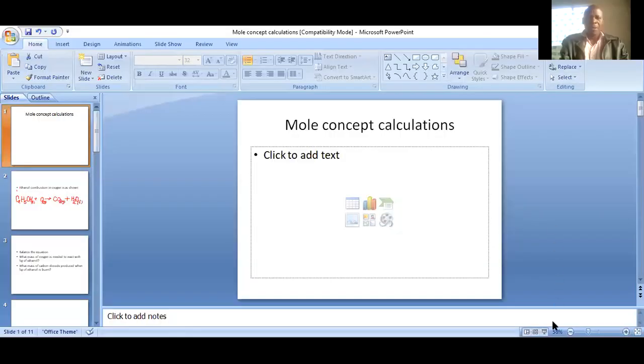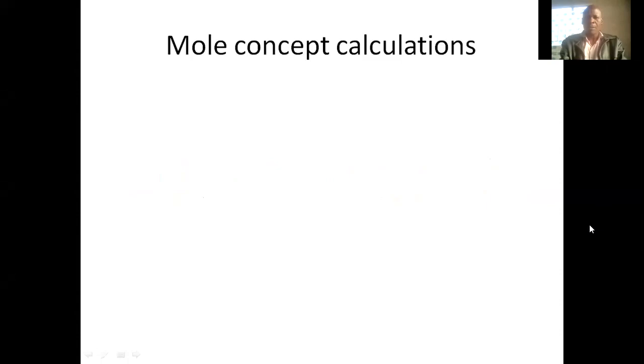I'm going to take you through a lesson on mole concepts. And so, as I indicated, today we are going to look at mole concepts.